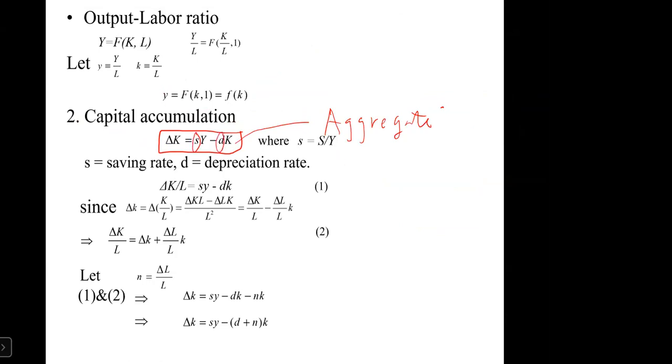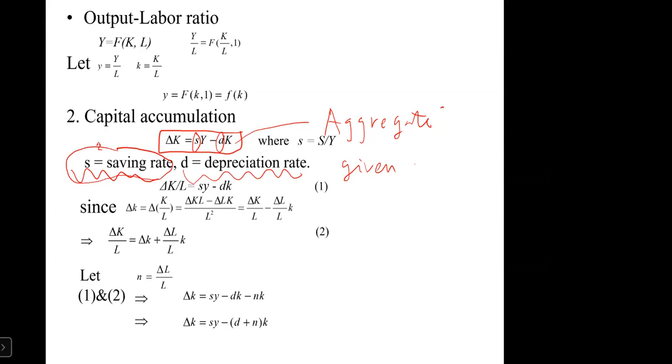For simplicity, here we assume saving rate and depreciation are given. Okay, so this saving rate is given, you can understand there is some order or some instruction from the government. Everybody is going to save a constant fraction of their income. This is given. There's no theory on saving.